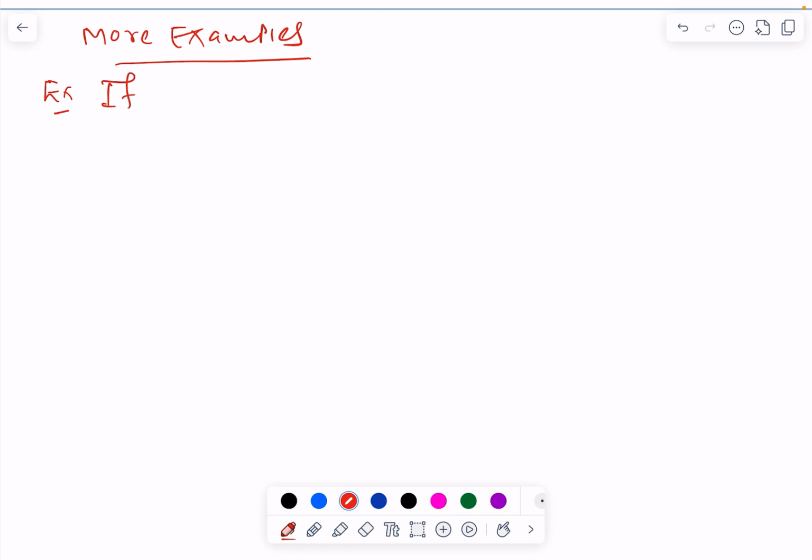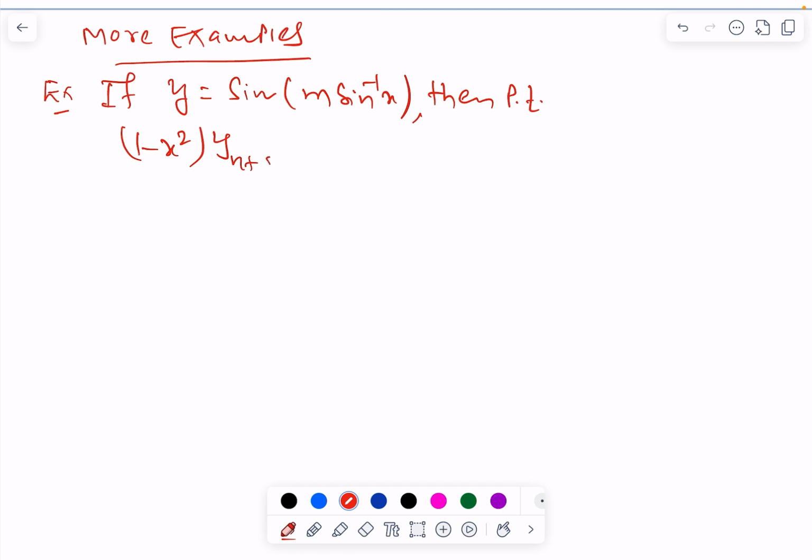If y equal to sine of m times sine inverse x, then prove that 1 minus x square y n plus 2 minus 2n plus 1 x y n plus 1 plus m square minus n square yn equal to 0.